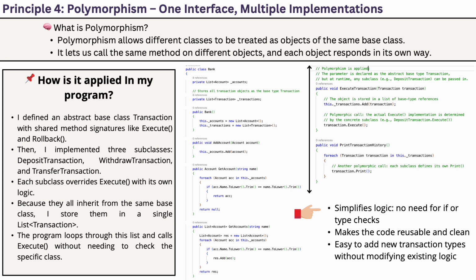And then when I loop through the list and call execute on each transaction, I don't need to worry about what kind it is. The program figures it out and runs the correct version of execute based on the actual type of the object. So if it's a deposit, it adds money, if it's a withdrawal, I check the balance first, and if it's a transfer, it moves money between accounts. So this makes my code much cleaner, avoids repetition, and allows me to easily add new transaction types later without changing the rest of the system.